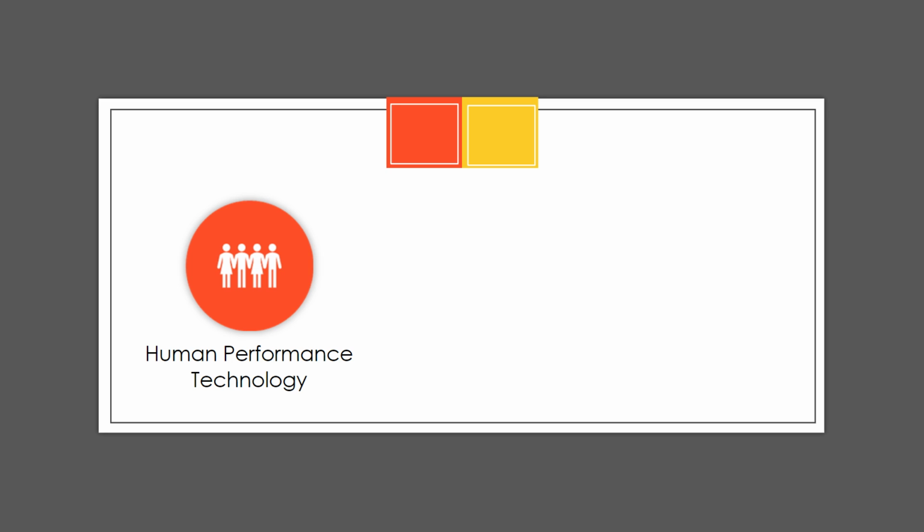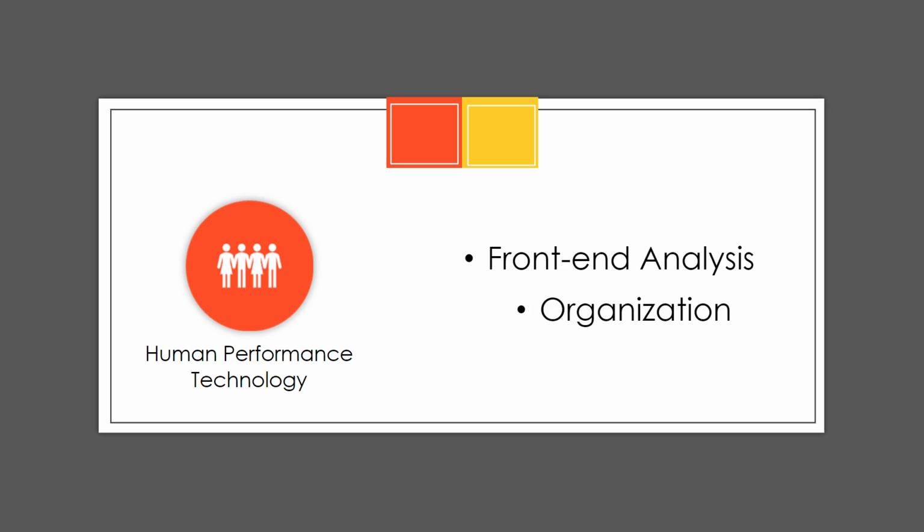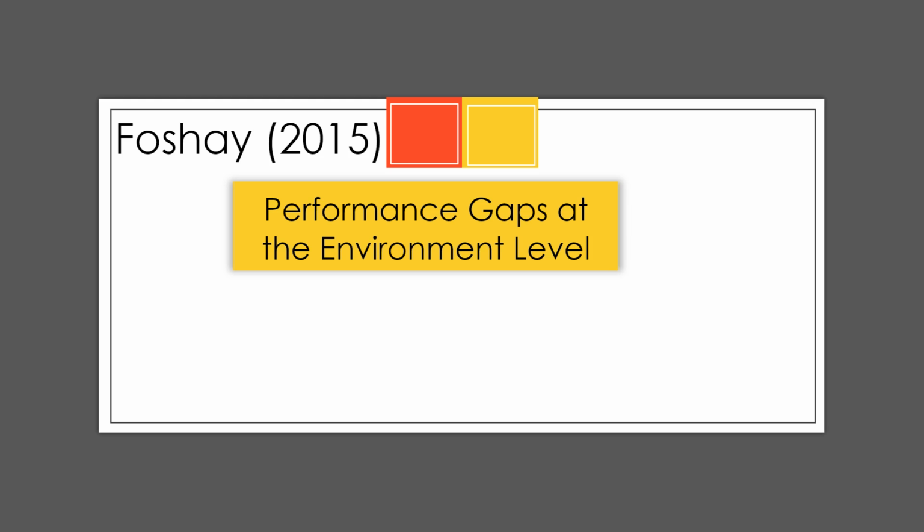The human performance technology front-end analysis coincides with the corresponding analysis of the organization and the environment. According to Fauché, Gilbert identifies that a significant portion of performance gaps are identified at the organization's environment level.